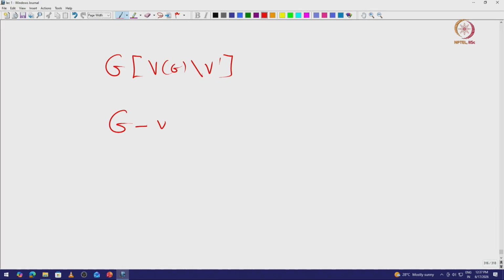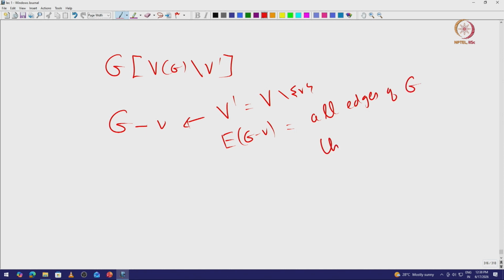The vertex set is given by V difference v, where V is the vertex set of G. The edge set of this G minus v is going to be all edges of G that have endpoints different from v.